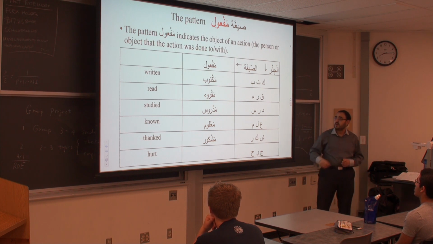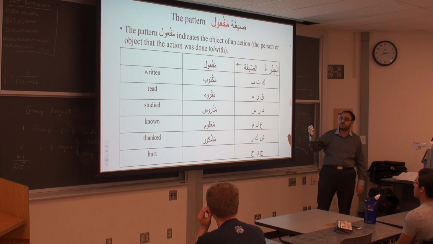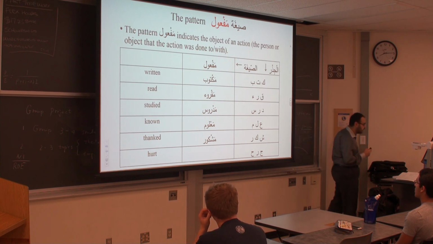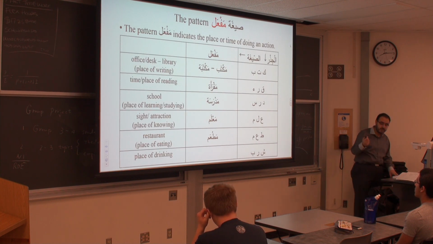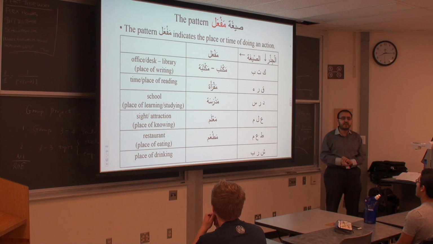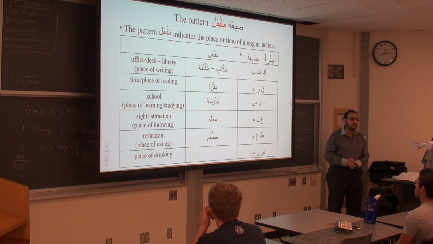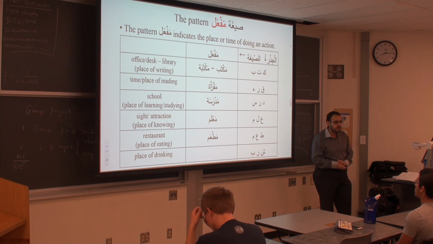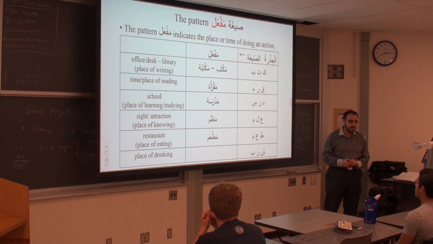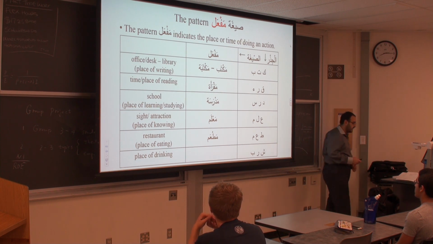And all the words following the pattern maf'ul will have the same morphological weight. It's called wazn in Arabic. And the pattern maf'al, do you remember what it indicates? Place and time. Yeah, the place or time of the action.